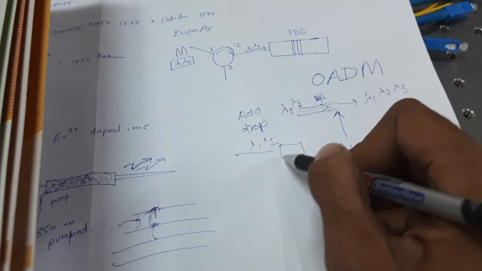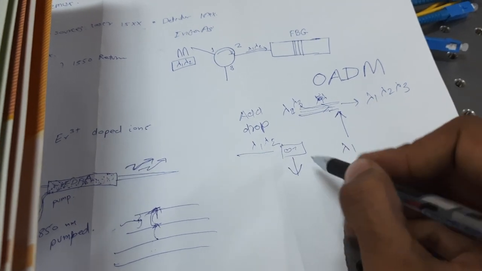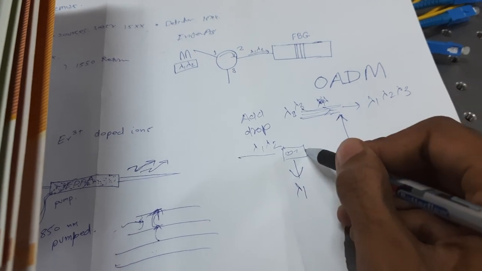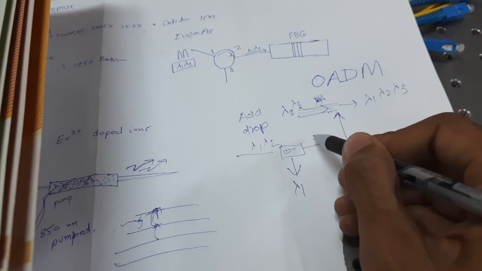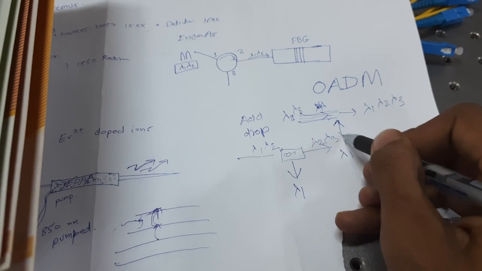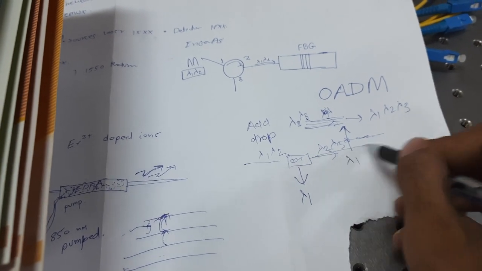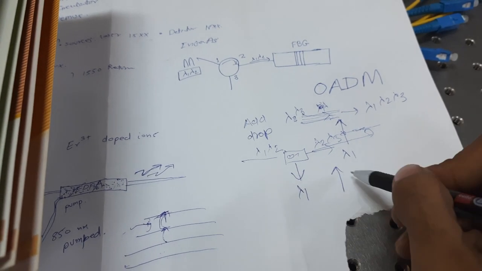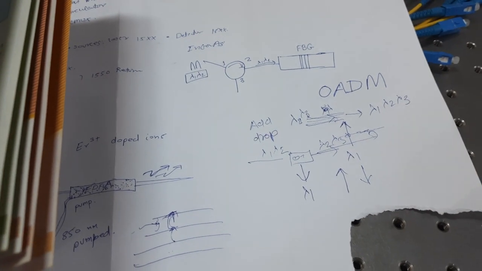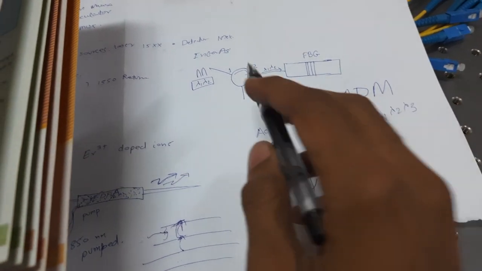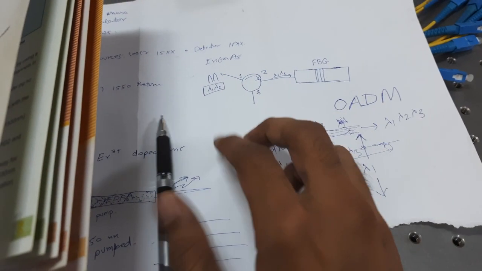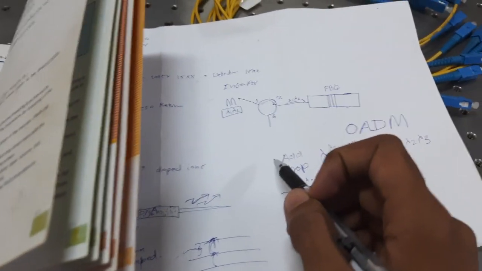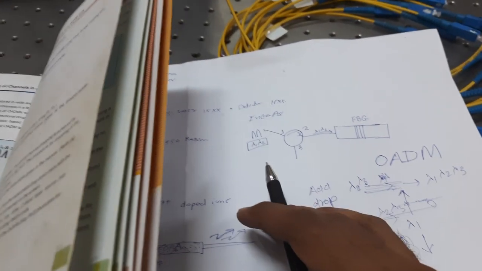From this OADM you can drop one, suppose lambda 2 or lambda 1, and the rest of the other signals, lambda 1, lambda 2, lambda 3, lambda 4, or whatever the signals are, will be passed. So you can add or drop one signal with the help of a fiber Bragg grating and this circulator. I will show you how to add and drop this signal.